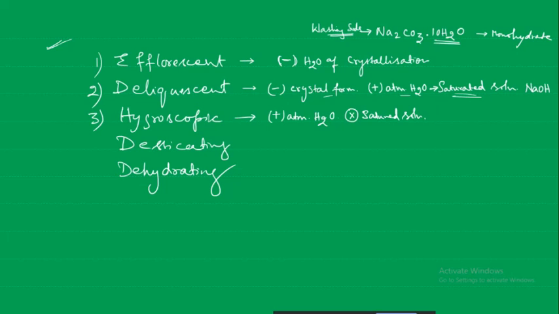Examples would be quicklime, silica gel, phosphorus pentoxide, and concentrated sulfuric acid. All of these are hygroscopic.